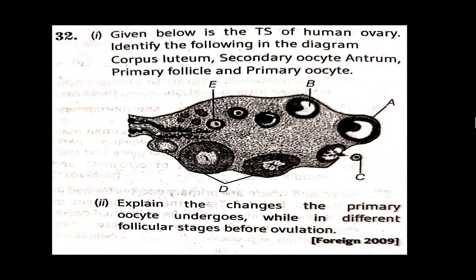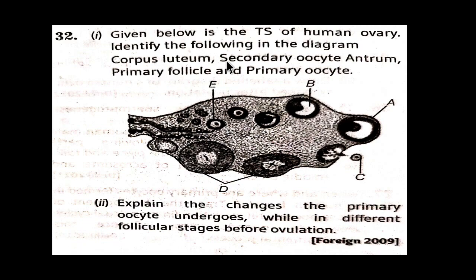Okay, so again A will be the Graafian follicle. Okay, then B will be the antrum, C, here it is marked C, so C will be the ovum, then D is the corpus luteum, and E is the primary follicle.